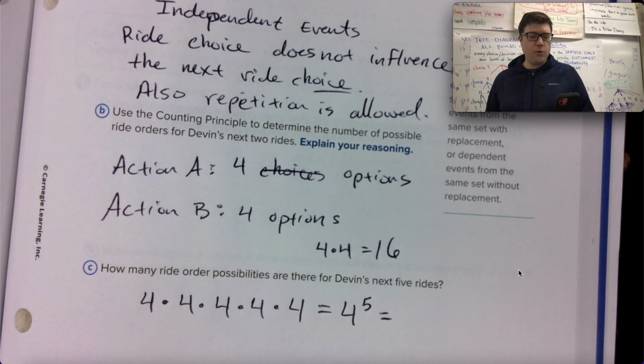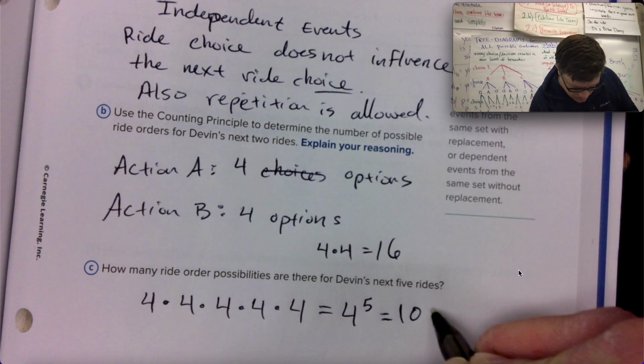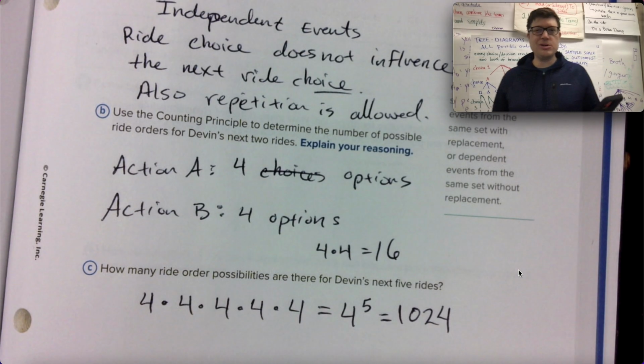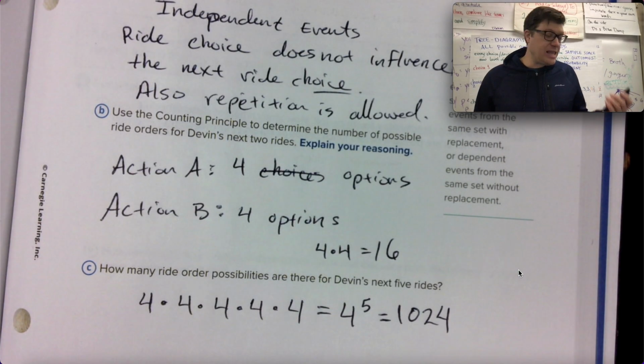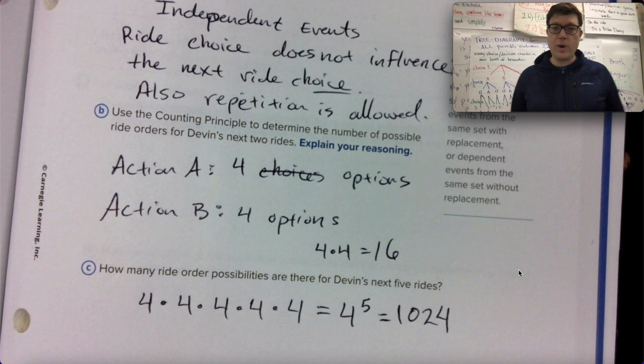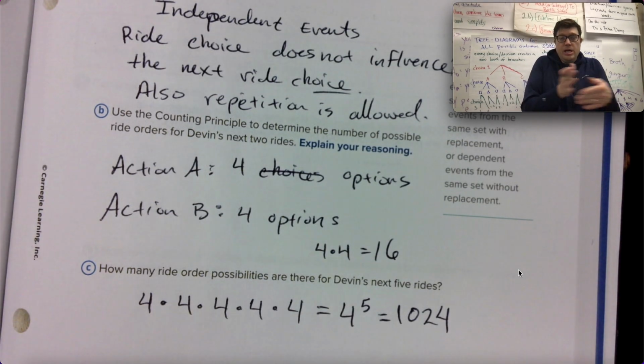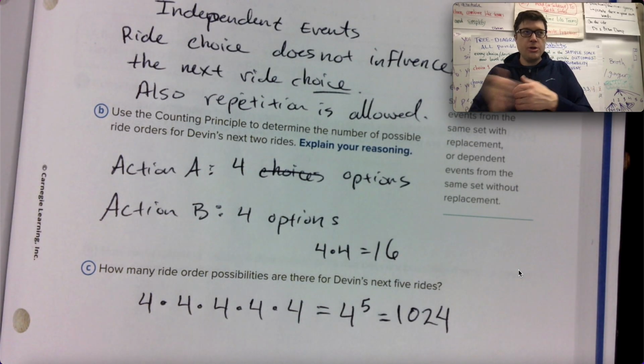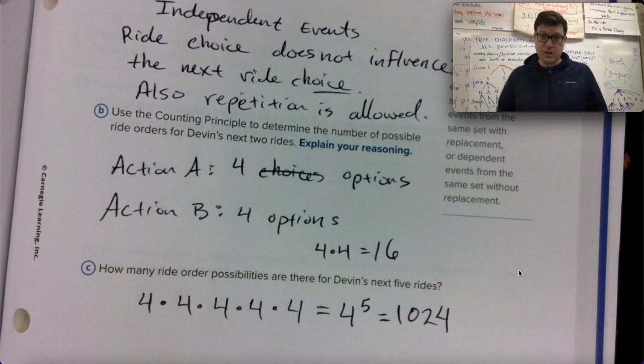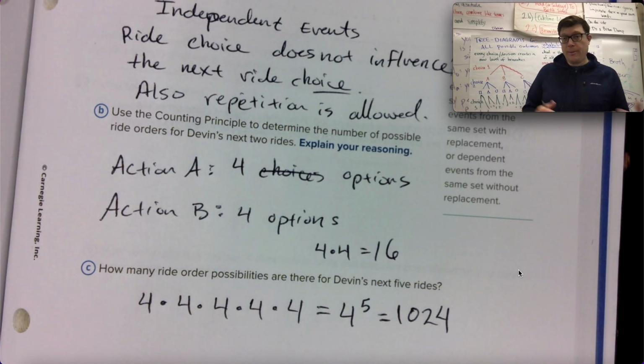Hey Siri, what's 4 to the 5th power? The answer is 1024. So he has 1024 different ways to choose his path through the different rides at the amusement park. Now, they might not all be different, right?